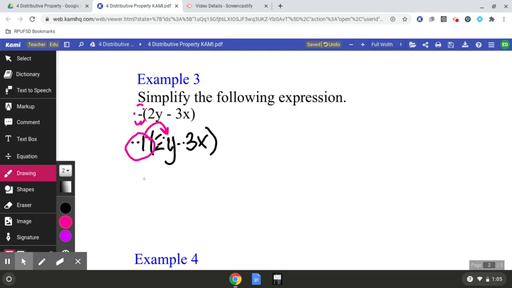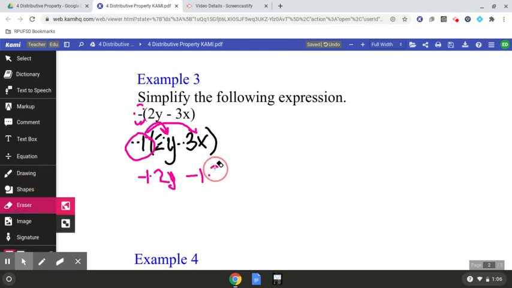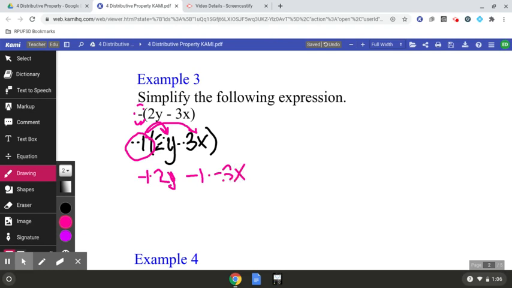So it's -1 times 2y, and then it's -1 times -3x. I'm sorry, my stylus does not work that great. So this would be -3x. Okay, so -1 times 2y is -2y, and a -1 times a -3 would be a positive 3x. So there's your answer.